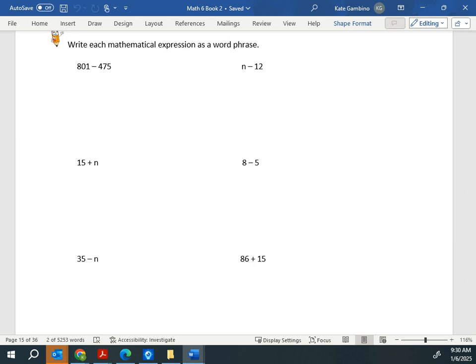So, my first one says 801, there's a subtraction sign, and then 475. How could I write that out? Looking back at that chart that we had that had words for each of those operations, how could I write this? Who has an idea? Emma.